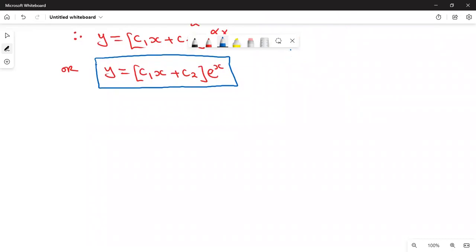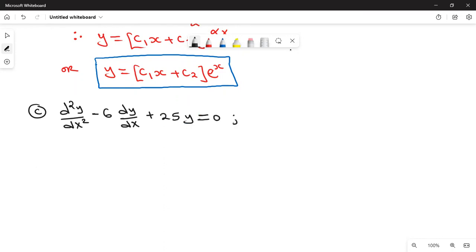Lastly, in part C, we are given this ODE, d squared y dx squared minus 6 dy dx plus 25y is equal to 0.